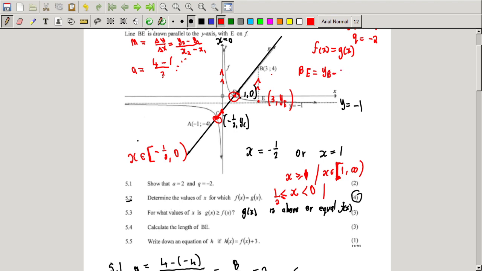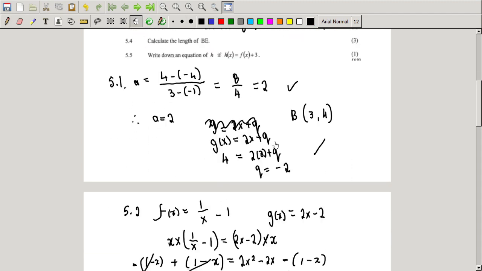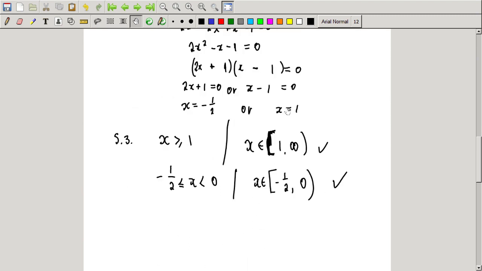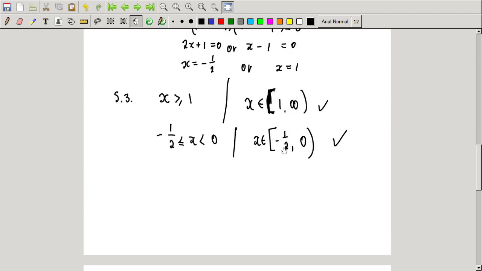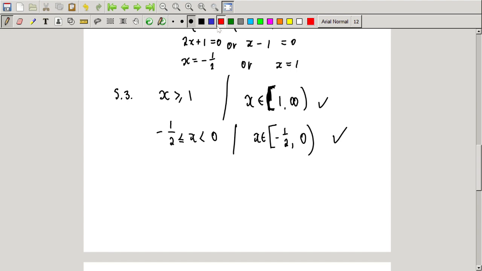So BE is going to be the same as y at B minus y at E. So I must get the y at E for me to be able to get the length of BE. Okay, let me go down to calculate the y coordinate of E. I'm going to write f of 3, since the coordinate of E is 3 and y, so it's on f of x.